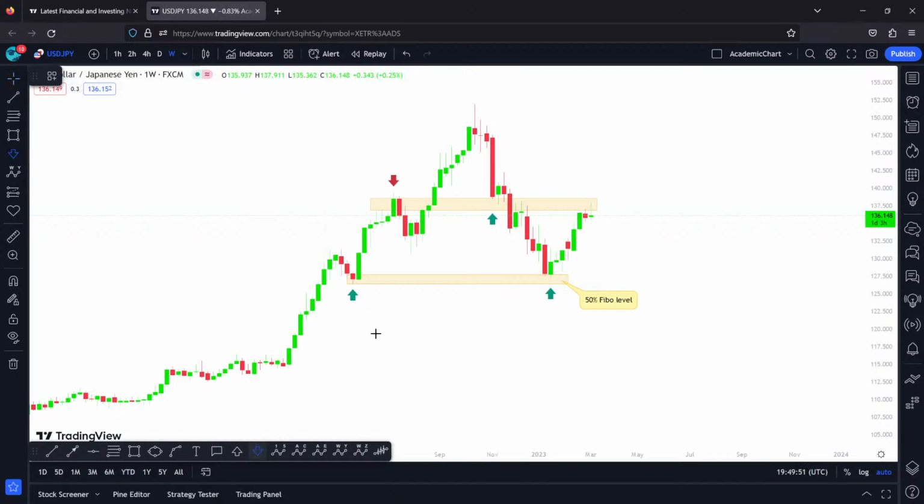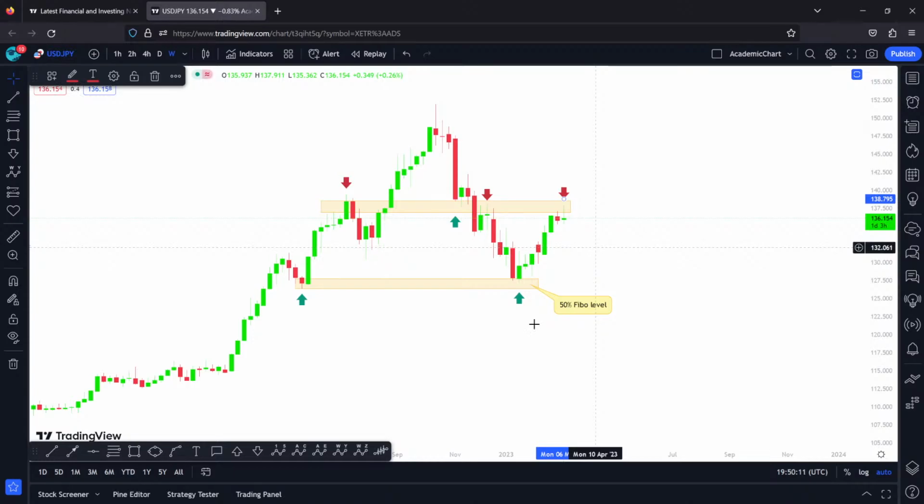After that, when it broke to the downside again, it retested and reacted as resistance. And now for the second time, during the last weeks, from December to 2022, I can see it has reacted just now, as we saw in the news that it was the U-turn.